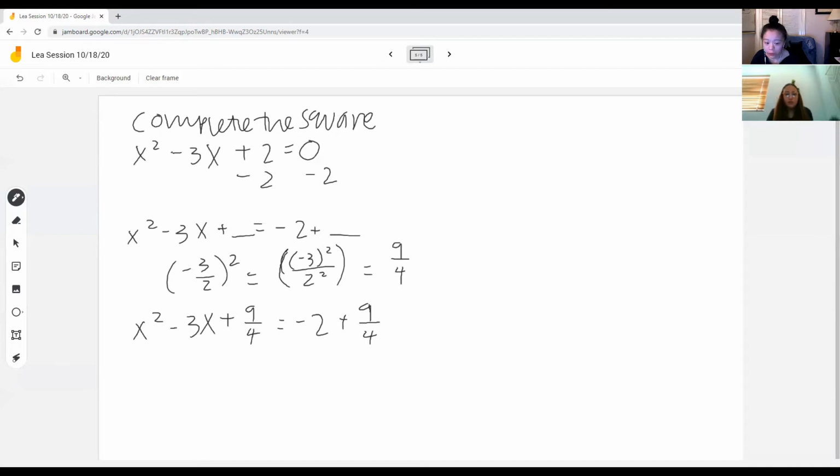So now what do we do? You would factor. How would you do this? So it's the same concept. What times what equals 9 over 4, and then what plus what equals negative 3.